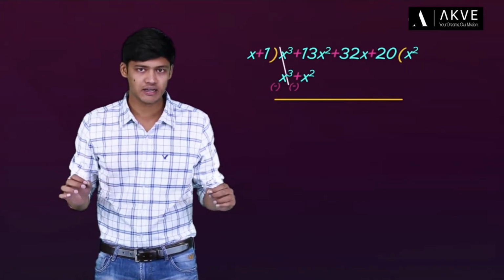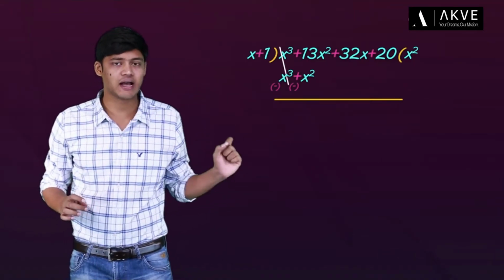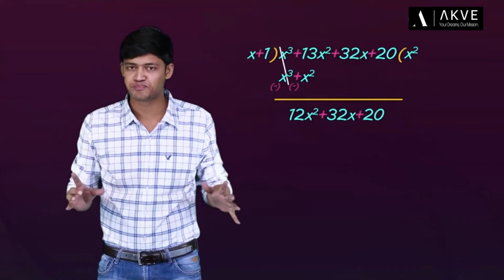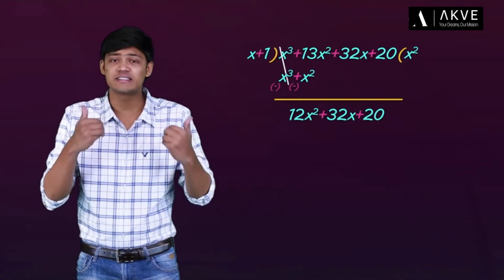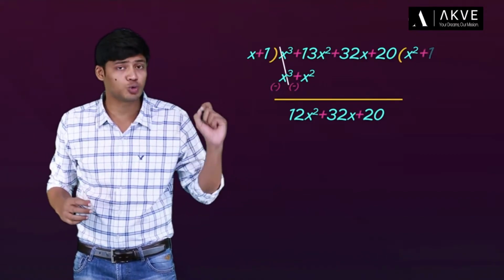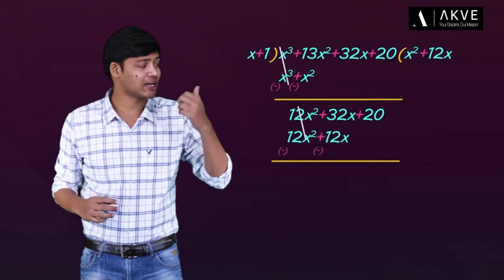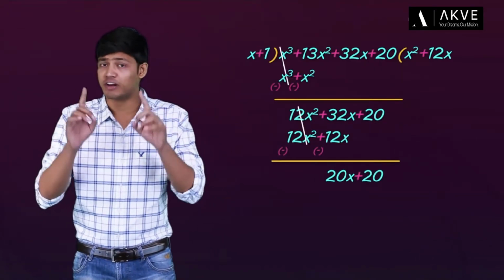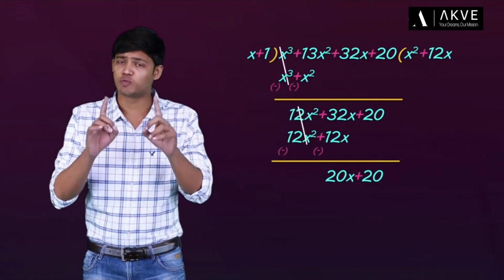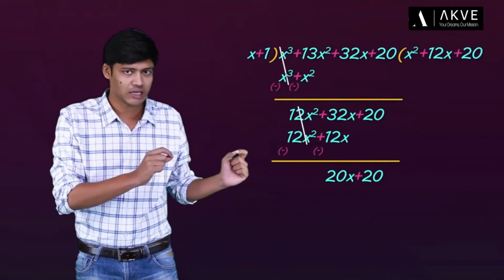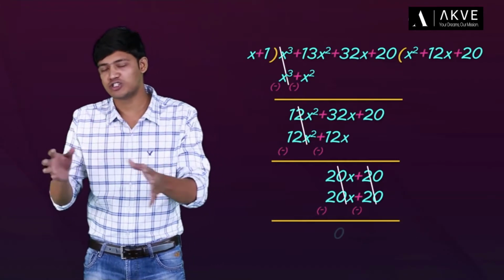After subtracting, we get the remainder as 12x squared plus 32x plus 20. Now, repeating the same process one more time, we get the quotient as 12x and the remainder as 20x plus 20. Now again, we will repeat the same process one more time, and the quotient will be 20 and the remainder will be 0.